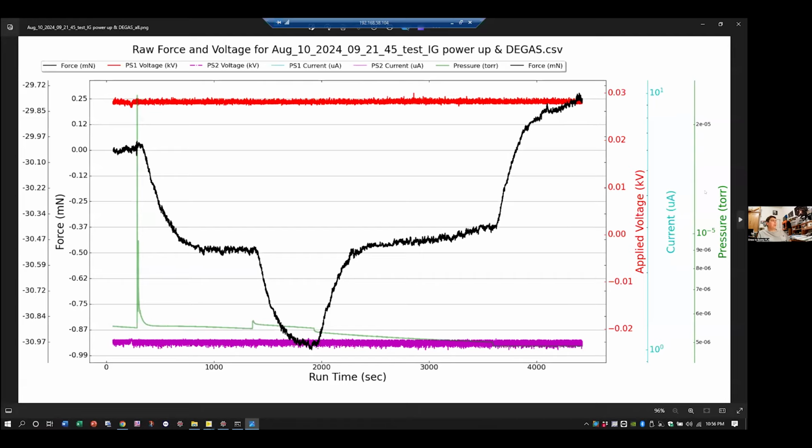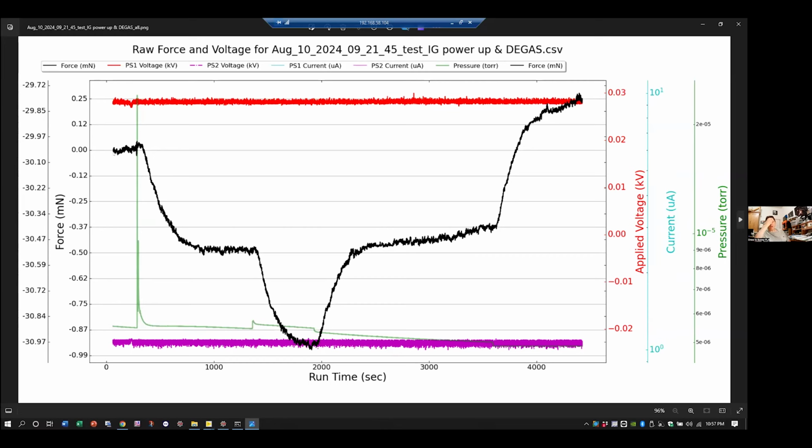Let me throw something up on the screen real quick, Mark. I want to show you something that I've known about for a long time, but it's the first time I have actually run a test. Can y'all see the graph that's on the screen? Basically, there's no thrust being produced.